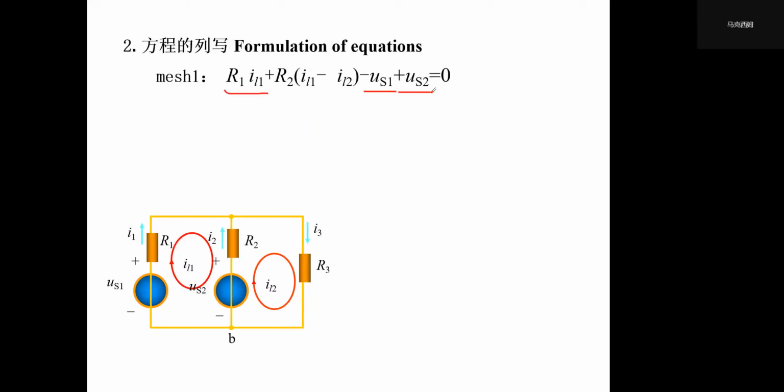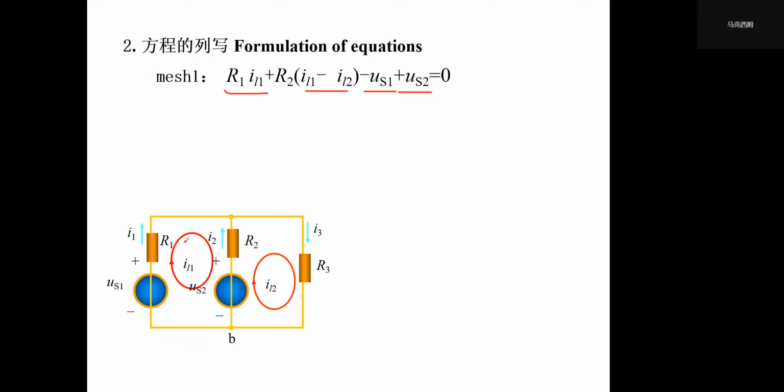And for R2, we know that the current running through it is, because the second branch is a common branch, the combination of two adjacent loop currents.